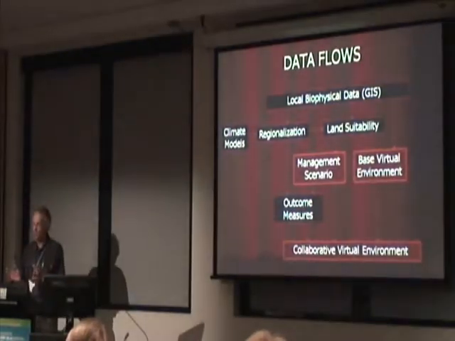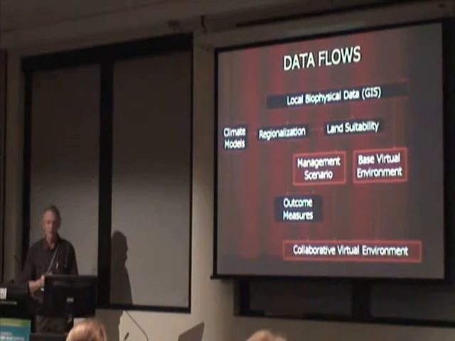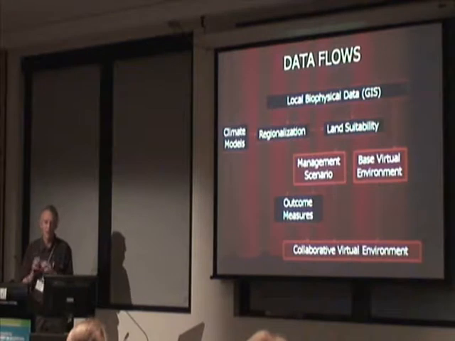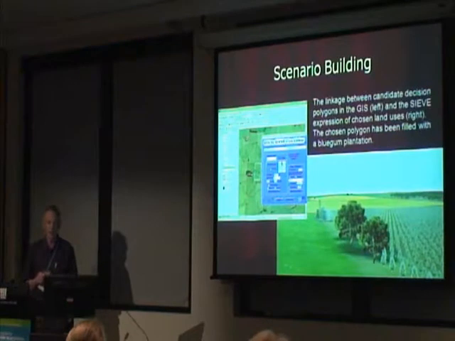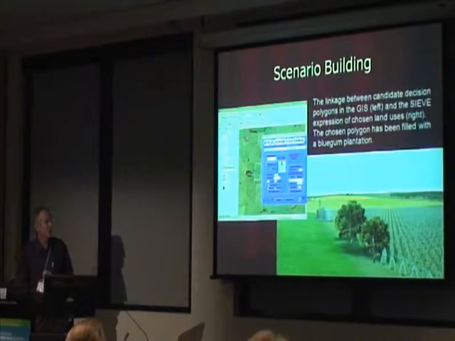So having got that base virtual environment, what's the next step? The next step is to say, well, precisely what are we going to put into different parts of that to reflect those changes in land suitability and also reflect the changes in management that could occur in order to counter the changes in land suitability. So that's done by this process we call SIV Direct, where you see here the little interface that pops up in ArcMap, and there's a selected polygon just here, and that polygon we select and fill with blue gum plantation, for example, and that fills over here.